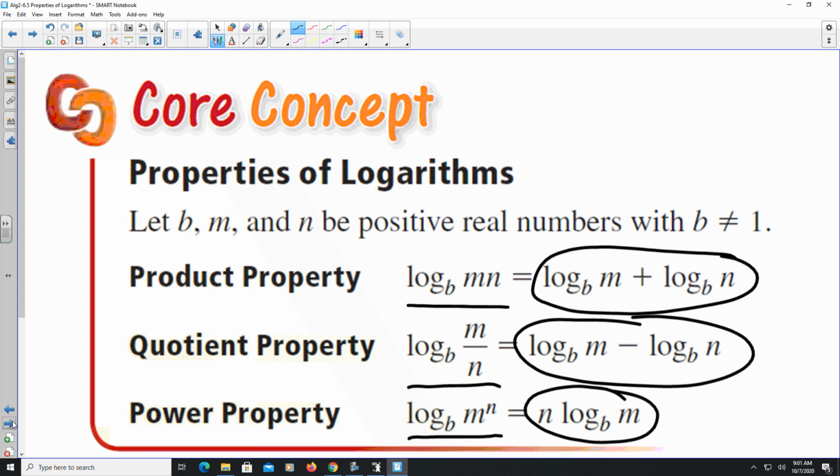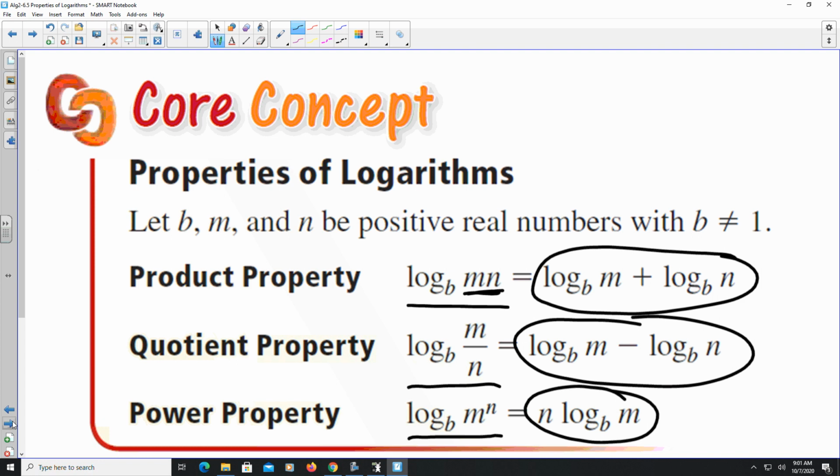The first one here is the product property. If you have inside the log two numbers or two terms that are being multiplied, to expand it, you can break them apart and add the two logs together.